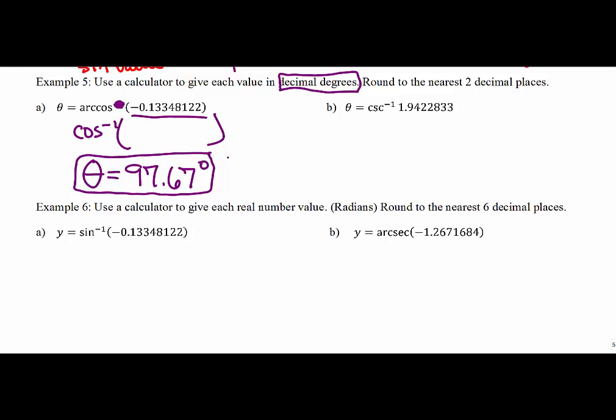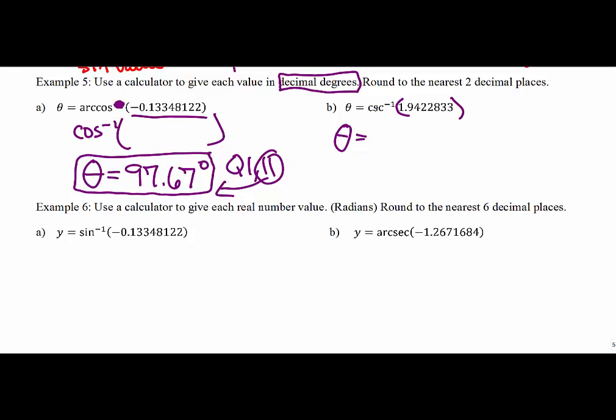And remember that for cosine, our calculator is going to spit out values from quadrants 1 and 2. And this comes from quadrant 2. Theta equals cosecant inverse of this value. Now we don't have a cosecant inverse button on our calculators, so we're looking for the angle that has a cosecant value of this.